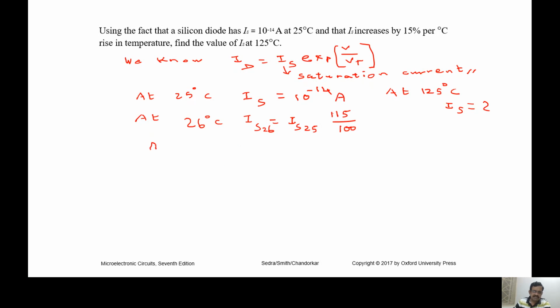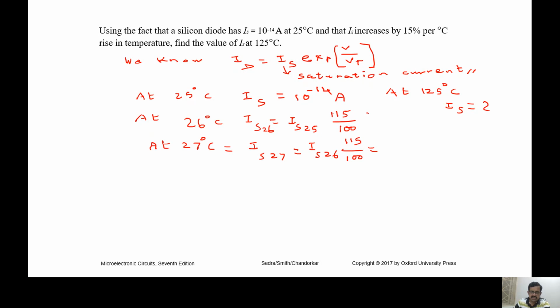So at 27 degrees centigrade, IS27 will be equivalent to IS26 times 115 by 100, because now from 26 I have moved up by one more degree.